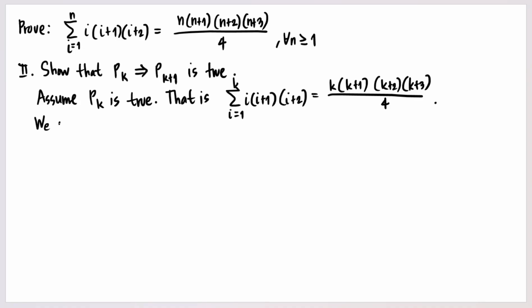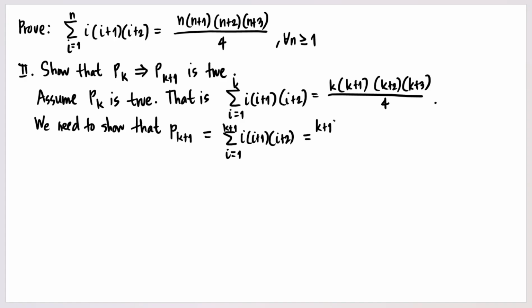We need to show that Pk plus 1, which is the summation up to k plus 1, equals k plus 1 times k plus 1 plus 1, k plus 1 plus 2, and k plus 1 plus 3, all over 4.